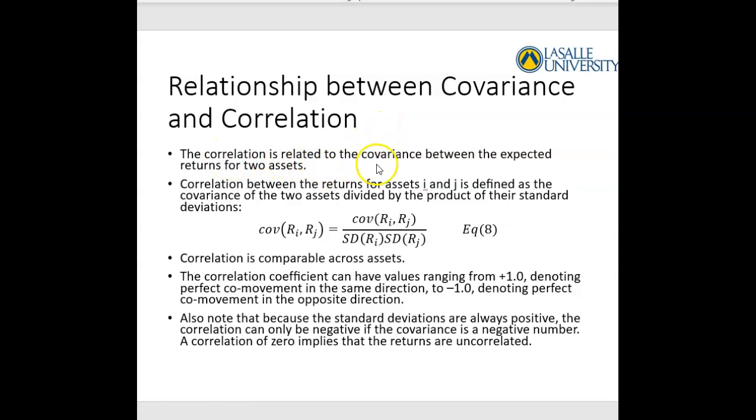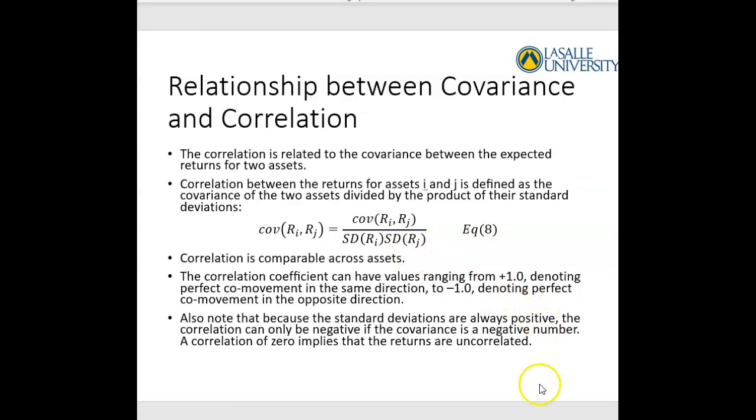The correlation is related to the covariance between the expected returns for the two assets. Specifically, the correlation between the returns for, let's say, asset i and j is defined as the covariance of the two assets divided by their individual standard deviations.